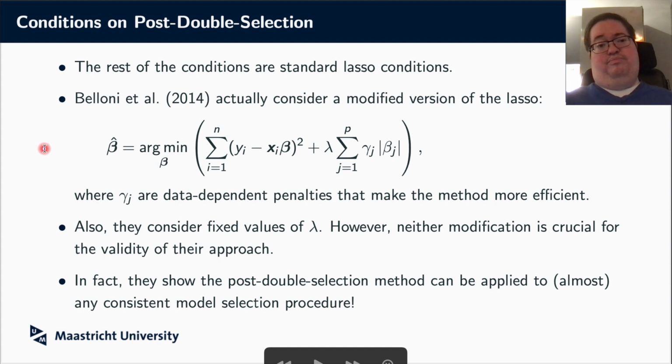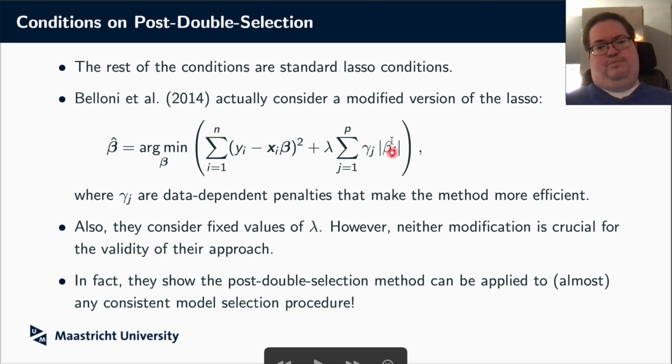So that means that there might be linearity, but you should also not take linearity too literally. Now, if you want to read the paper, you'll see that they actually do a slightly different version of the lasso. So they have some data-dependent penalties here, which also can, for instance, incorporate heteroscedasticity. And that makes the method a bit more efficient.